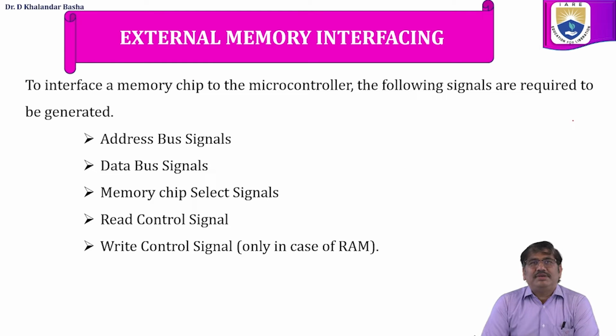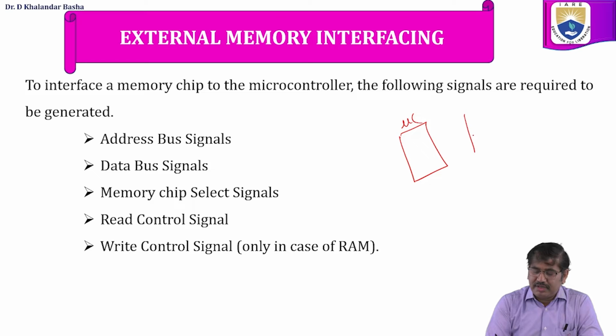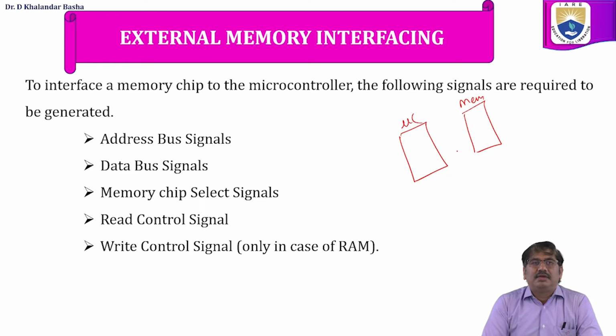To interface a memory chip to the microcontroller, the following signals are required to be generated. So this is the microcontroller, and here we have the memory block. We require the address lines. We require the data lines for either read or write operation.